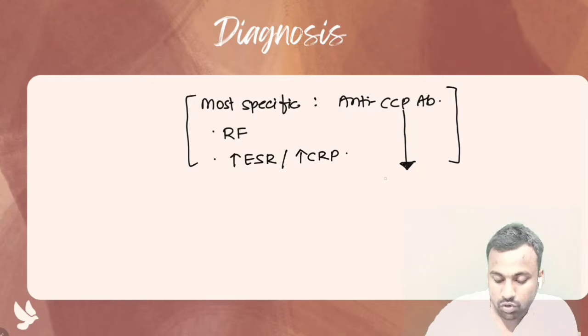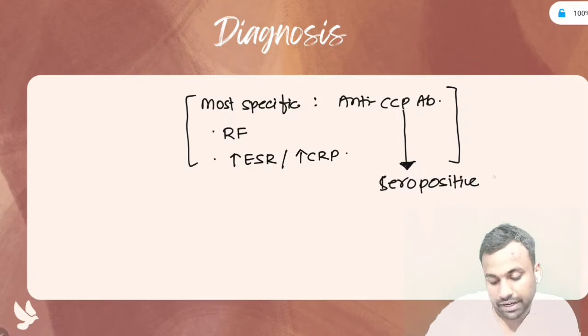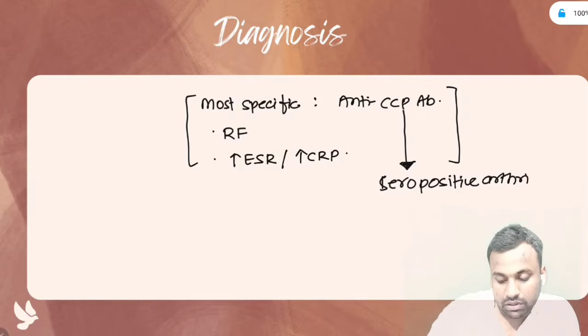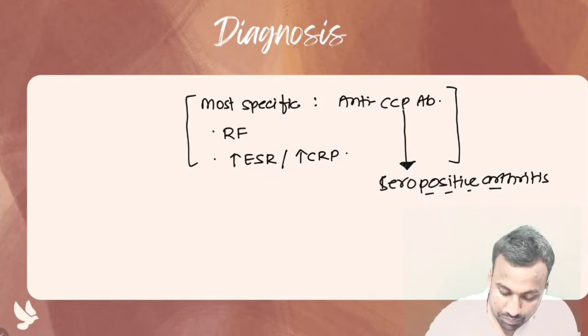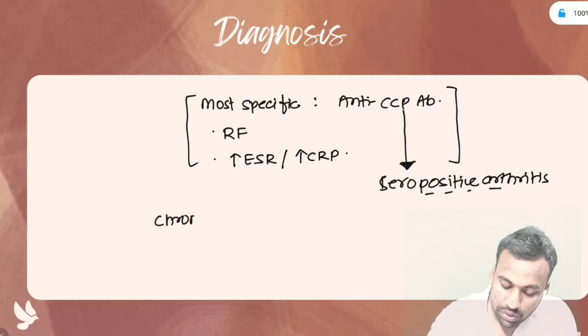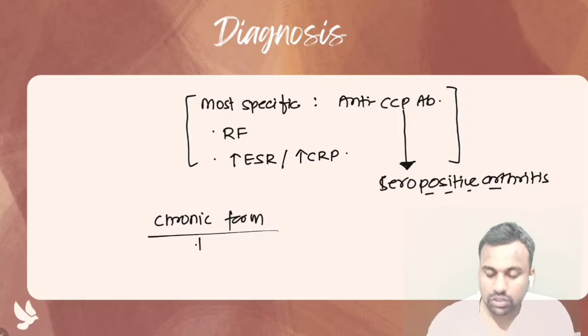the seronegative or seropositive form of arthritis. In the previous classes we studied that this is mainly a chronic form of arthritis. What do you mean by the chronic form?